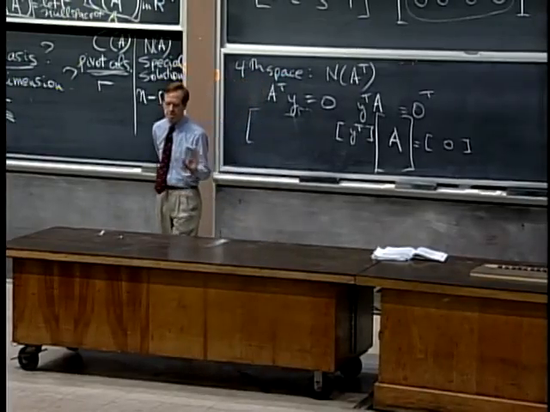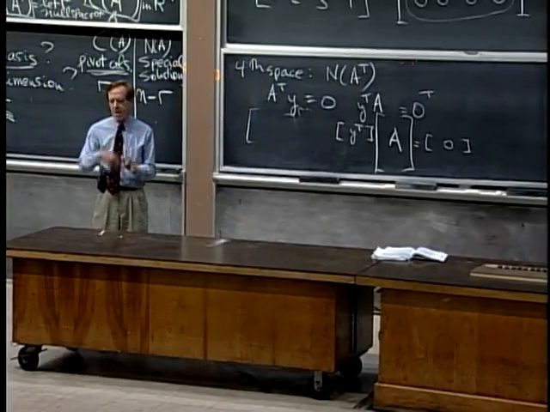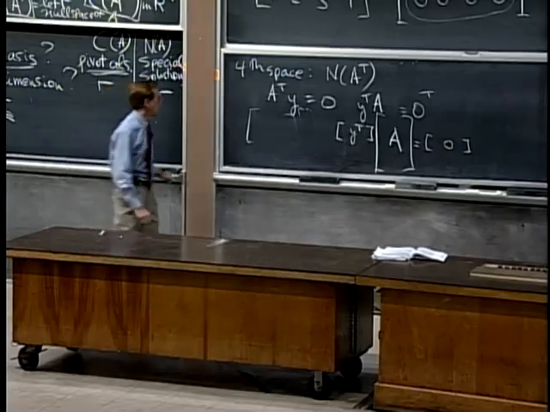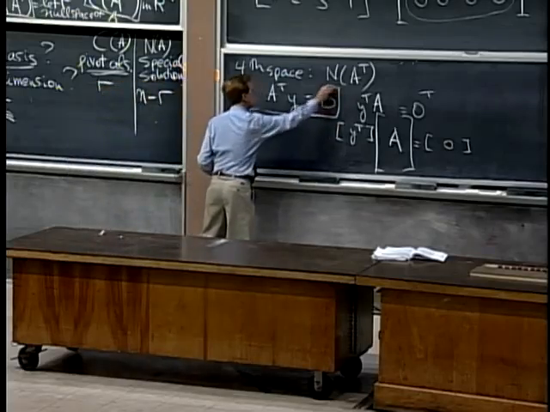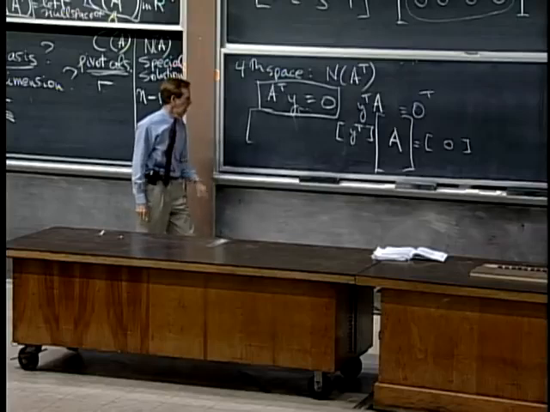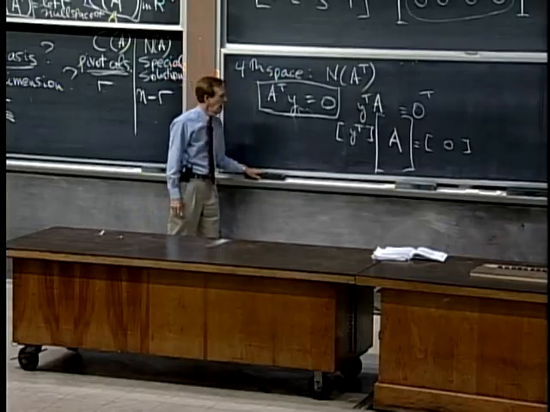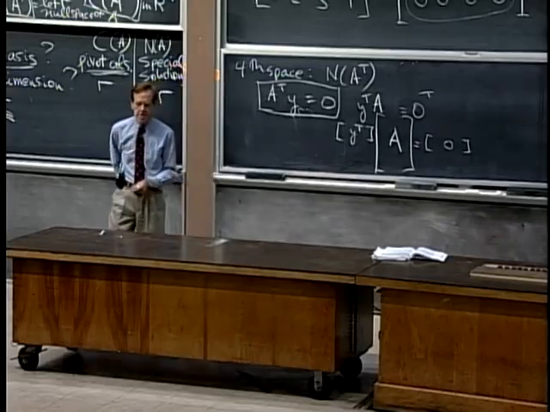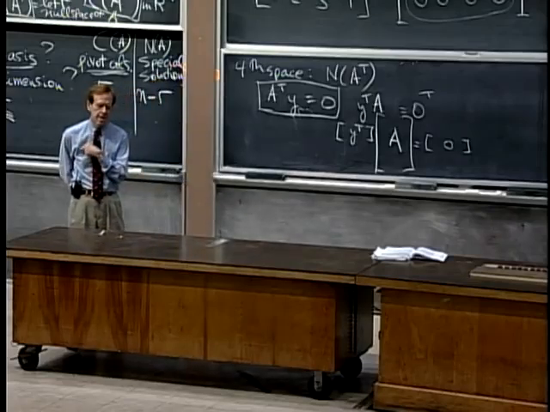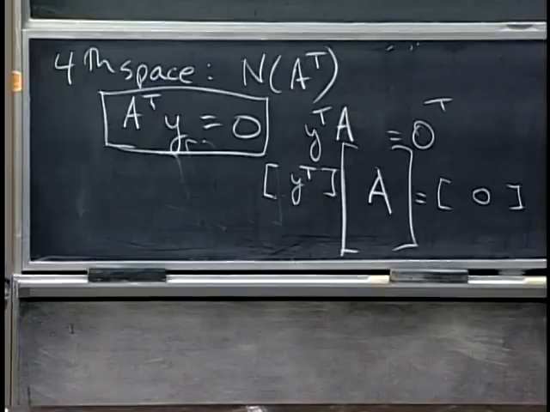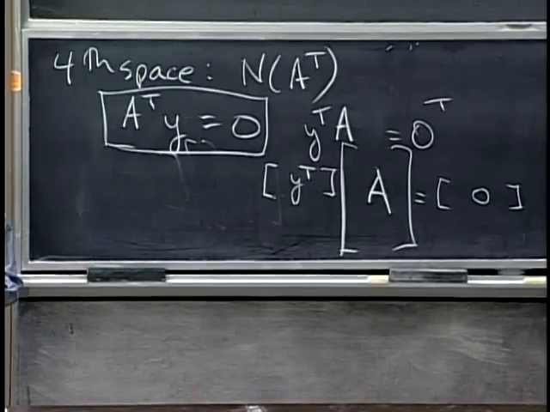And so my convention is I usually don't do that. I usually stay with A transpose y equals 0. Okay. And you might ask, how do we get a basis? Or I might ask, how do we get a basis for this fourth space, this left null space?